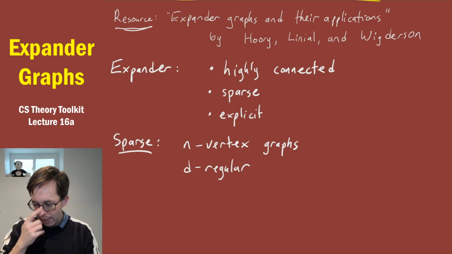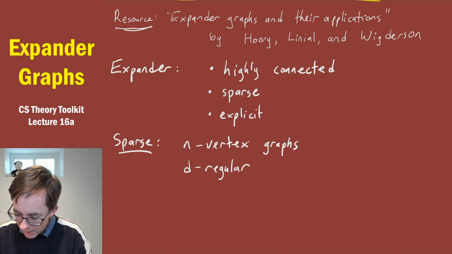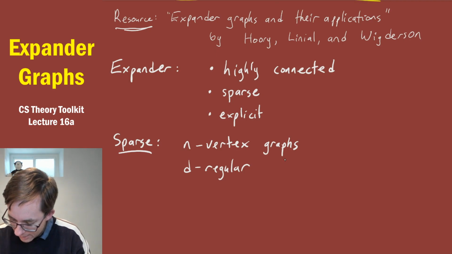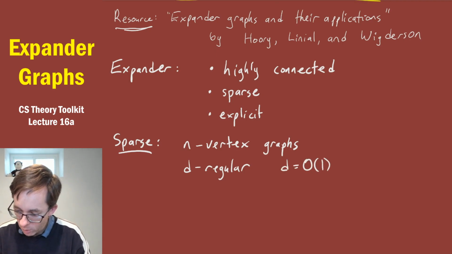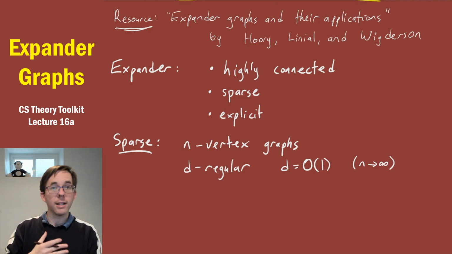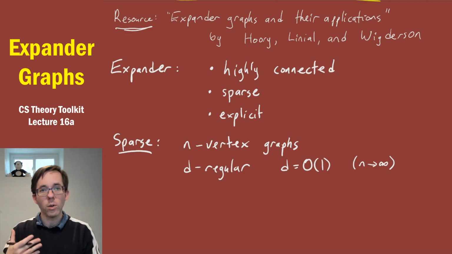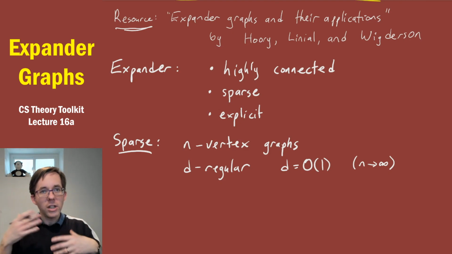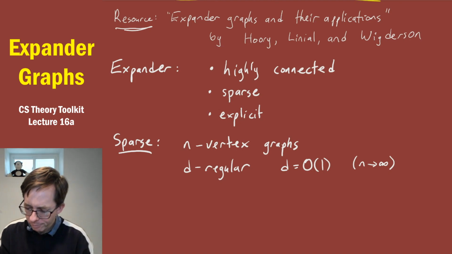We'll be talking about d-regular graphs, and the sparsity will refer to the fact that we'll typically insist that d is an absolute constant, which I can write as order 1, with respect to n going to infinity. You should really think of d as a universal constant, like 3 or 10 or 50, that you fix, and then you consider larger and larger graphs, each of which is d-regular.